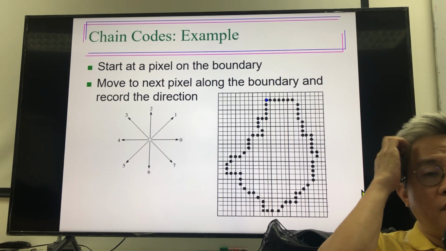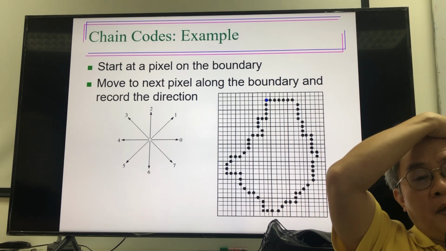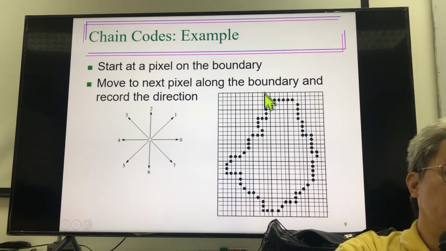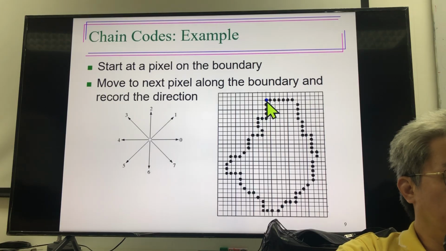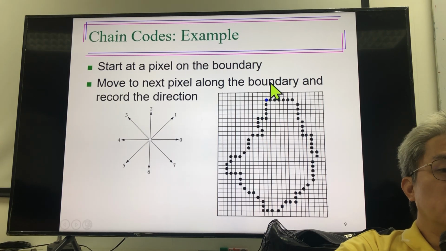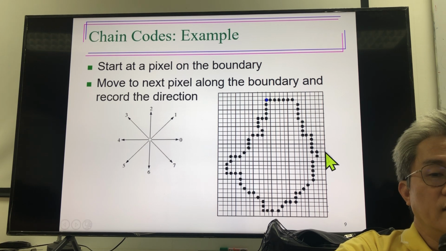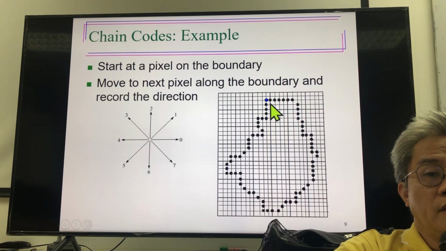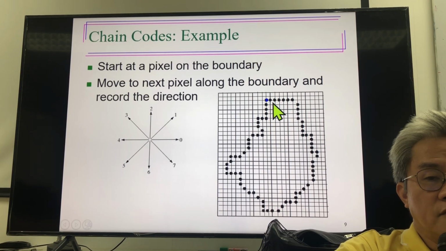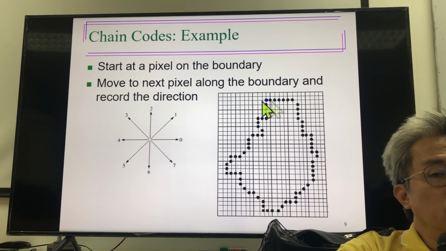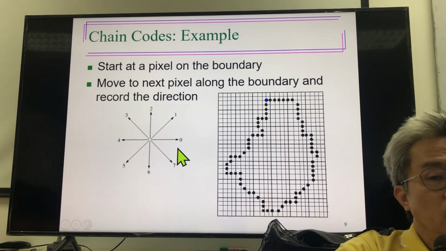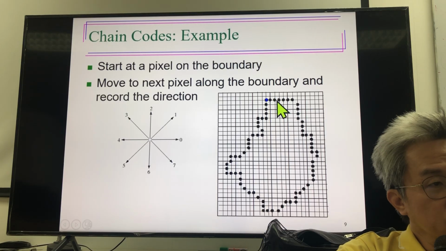For example, suppose we start with a pixel on the boundary. Most of the time we start from the top left corner of the object. So we start with this object, then we read along the boundary. How do you read along the boundary? Here you go to the right, so it has 0. Then go to the right again, another 0.